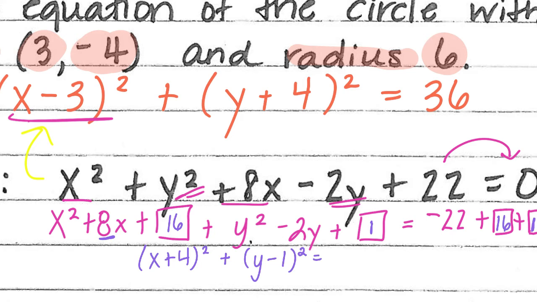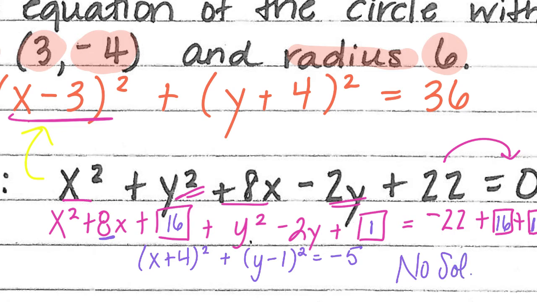But it looks like we have a problem because -22 plus 16 plus 1, I believe that gives us a -5. Can a radius have a negative number? So no. The radius cannot have a negative number, so this one actually has no solution or no graph.